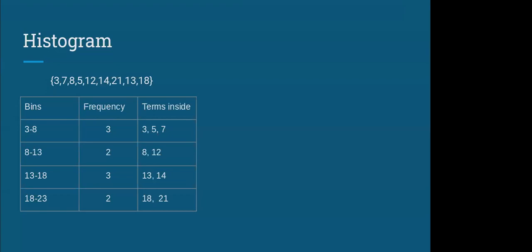So I am going to put my bins here. 3 to 8, I have 3. 8 to 13, I have 2. 13 to 18, I have 2. And 18 to 23, I have 2. All right, so I'm going to stop the share so you can see.